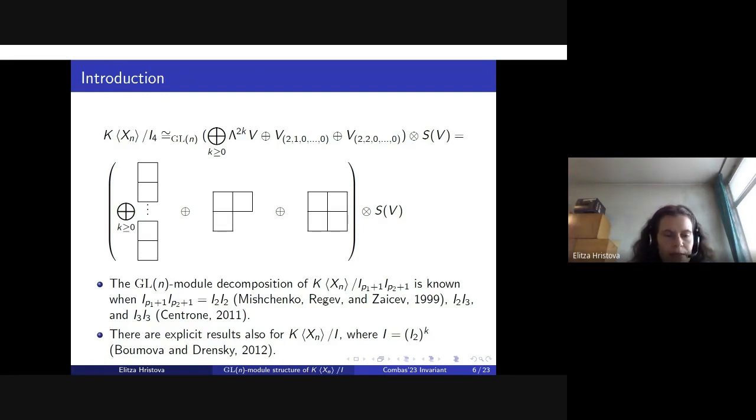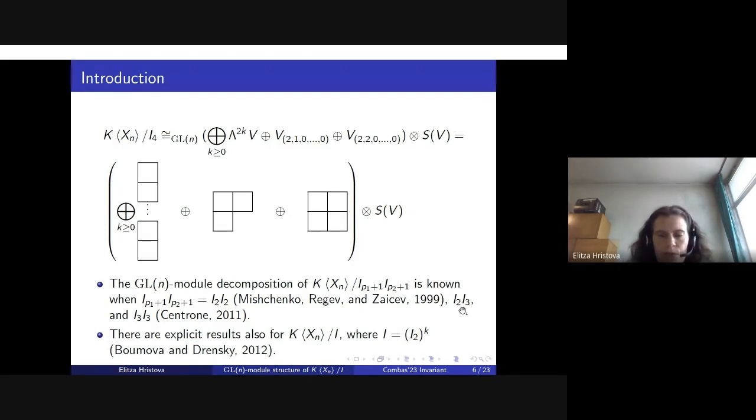And now when we consider products of such ideals, when our T ideal is a product of several, then there are also some known results. So when we have the usual commutator ideal times itself, this GLN module decomposition is computed by Mishchenko, Regev, and Zaitsev in 1999.